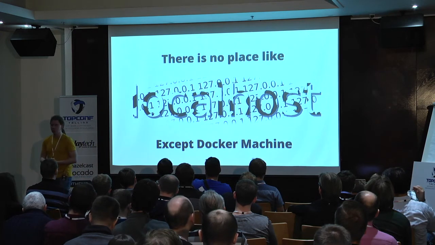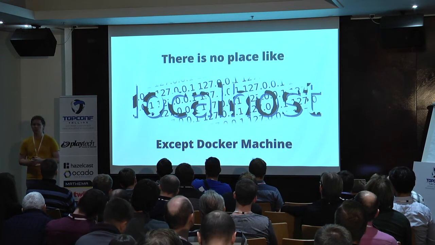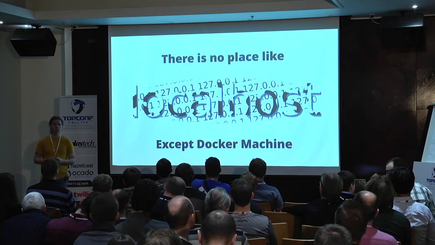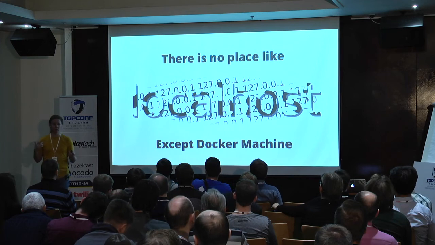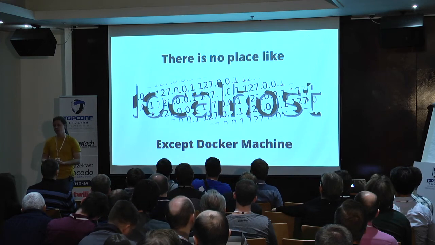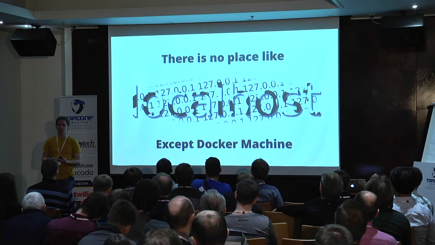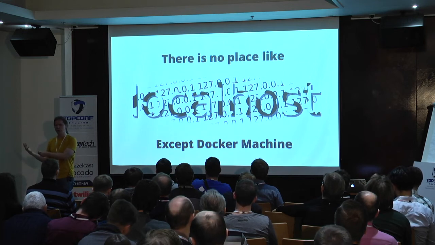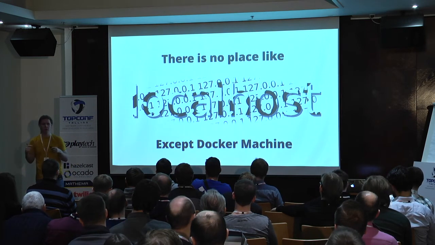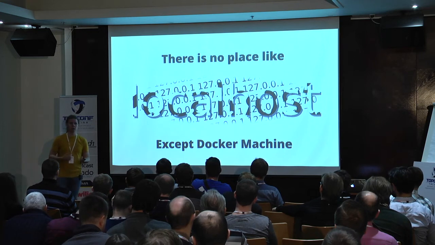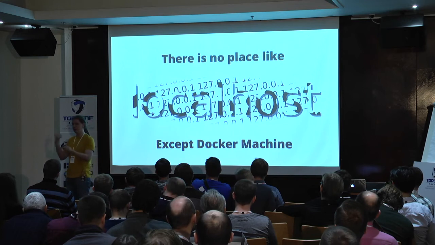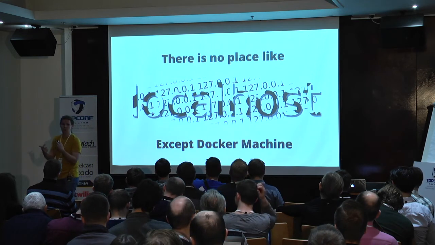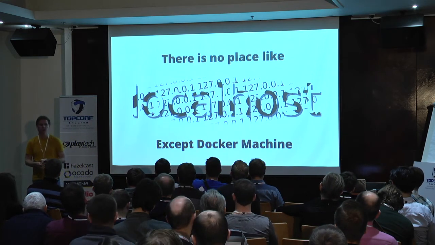You execute this command, nothing happens. It's not mapped. Why? Because you're using Mac, and it means that you have to use another IP, like the Docker Machine IP. And in boot2docker, it was static. In Docker Machine, it's dynamic. So you have to remap ports. You have to do some port forwarding if you want to get them on localhost.